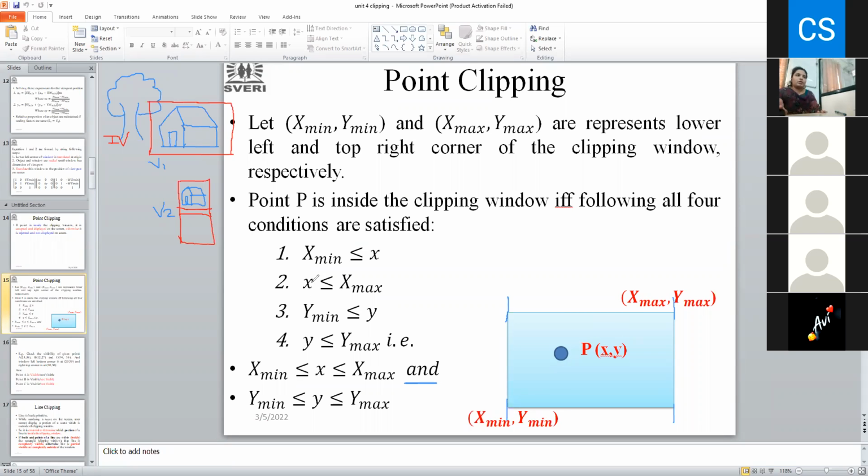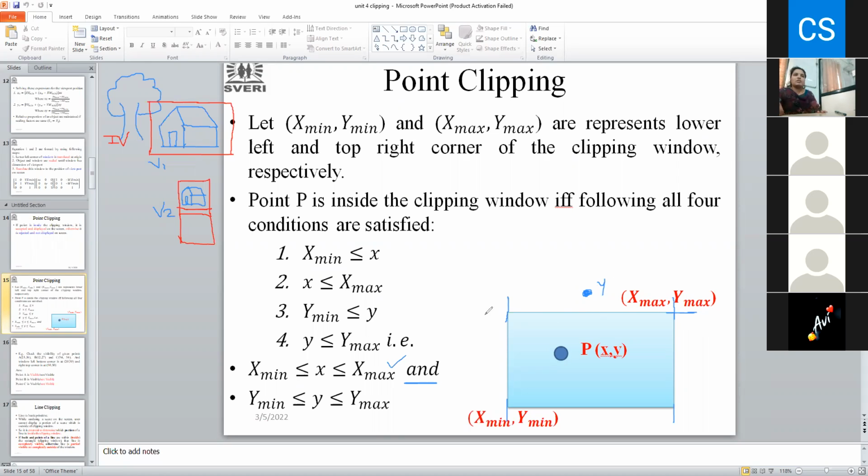If only one condition is satisfied, that is x is in between x min and x max. For example, this point. What is the x value of this point? It is lying in between x min and x max. The first condition is satisfied. But the second condition, what is the y value of it? Y value is more than your y max.